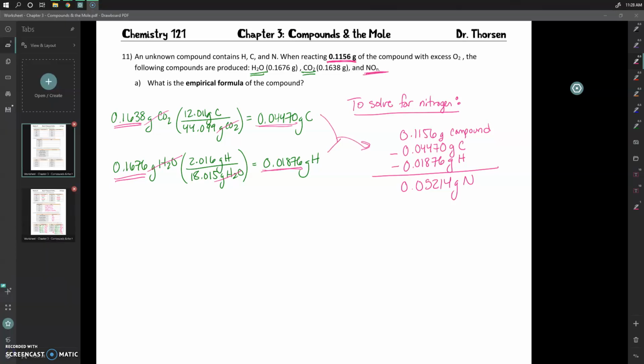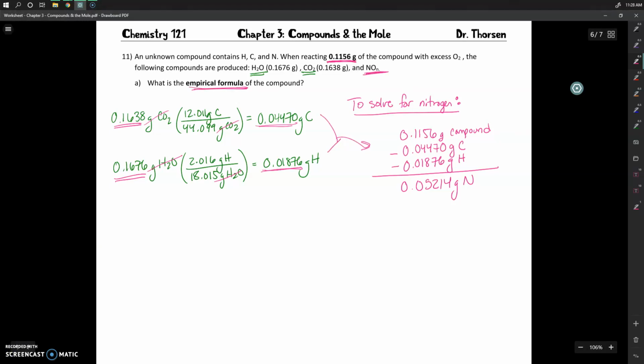So if our goal is to get the empirical formula in this first part, remember that in order to solve for an empirical formula, you need to know the number of moles of each element that are in a certain amount of the compound. And we can easily get to moles from grams. So the only thing we want to check here is that the grams amounts that we've got listed here now, this grams of carbon, grams of hydrogen, and grams of nitrogen, that they are all coming from the same amount of compound.